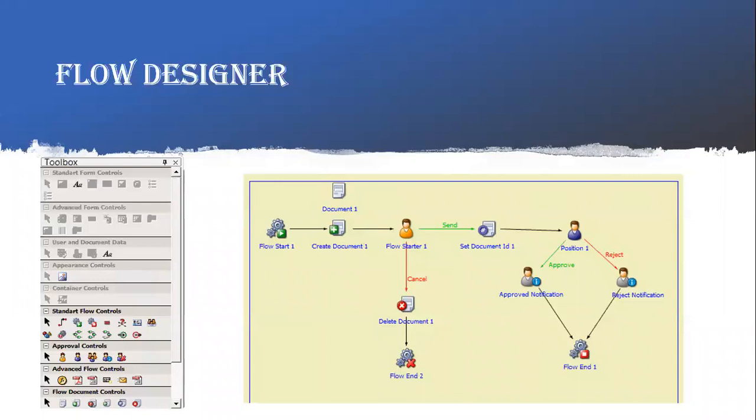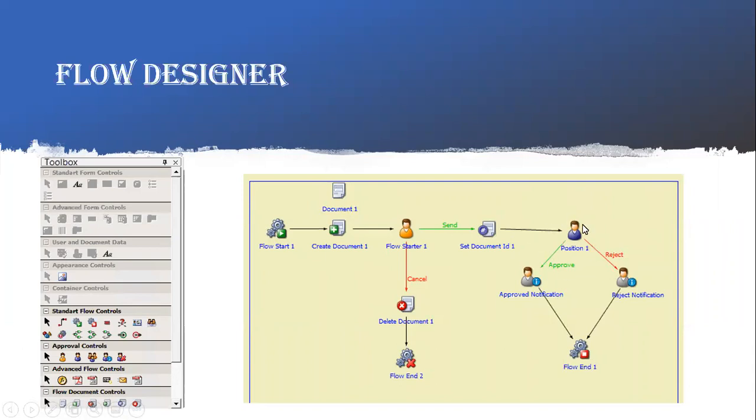Secondly, we also need to use a flow designer to create an approval flow. In this sample, when the form is created, it will trigger from the flow starter, which means the one that fills in the form. After that, it will send to a position. It can be a department or a certain position. Anyone inside the position will receive the form, so it can move to the next step.